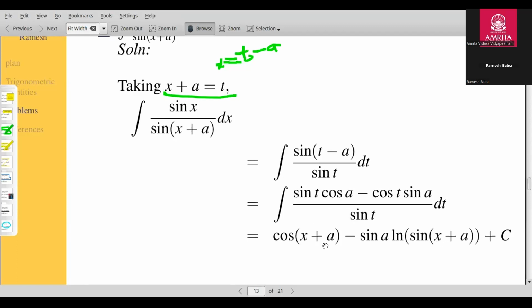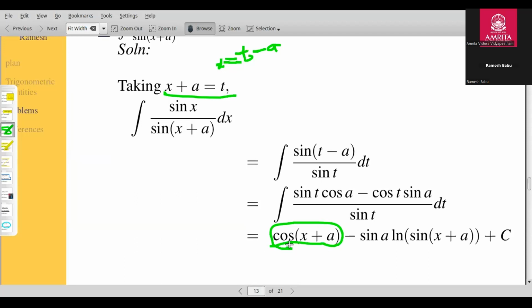So in the first term, what happened? Integration of cos a is a constant outside. Integration of dt is t. So what happened here is, this term should be x plus a.